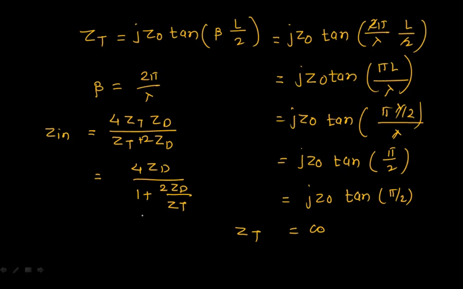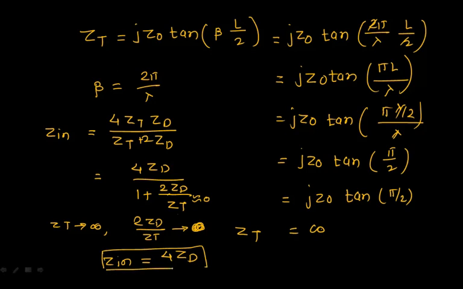Here, if your ZT is infinite, 2ZD divided by infinite will be approximately equal to 0. So 2ZD by ZT tends to 0, and this value of Zin will come to 4ZD.